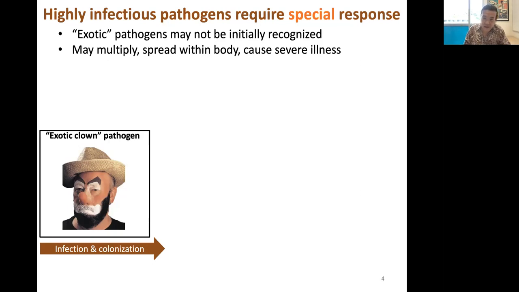And so as a result, this bad clown has an advantage, and he's able to potentially outpace or escape the immune response and potentially make you very sick. Right? So an exotic pathogen like this might not be initially recognized by your immune system. He may multiply, spread within the body, and cause severe illness.